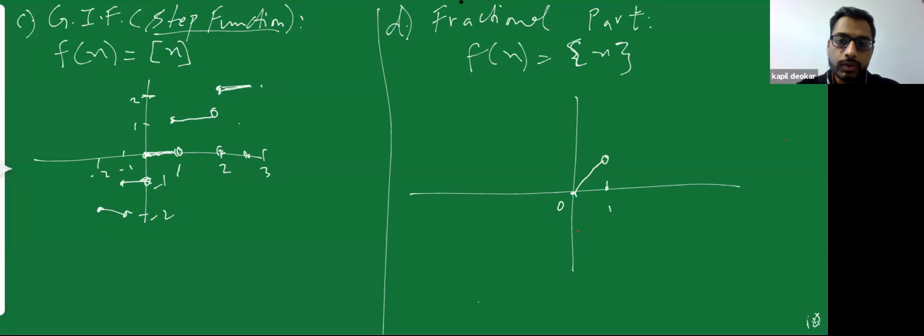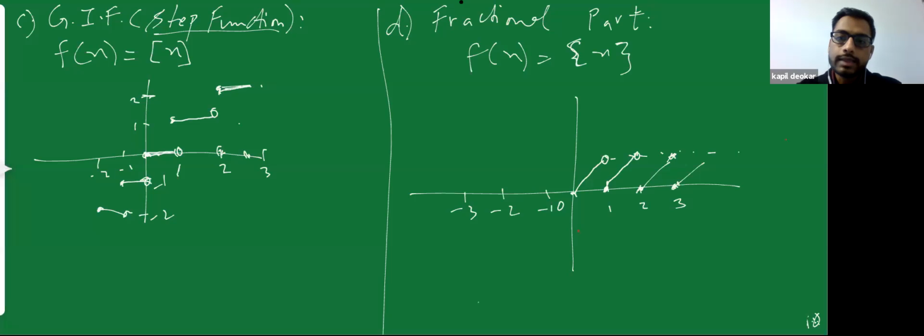At 1, the count will reset to 0. And again, 1.1 value will be 0.1, 1.9 value, it will again increase till 0.9. But at 2, it will again reset to 0. So your graph will somewhat look like this. So on the top portion, over here you're having holes, and the bottom portions you're having dark balls. And similarly, it will be on your negative side.